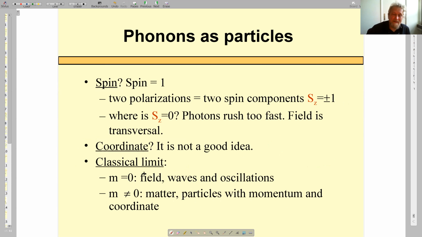Fine. Some more information about photons, which is less obvious. How about spin?